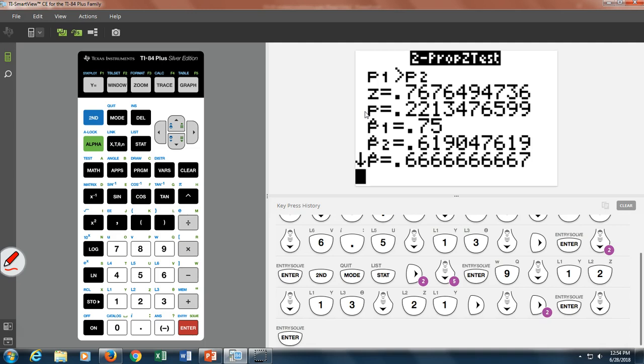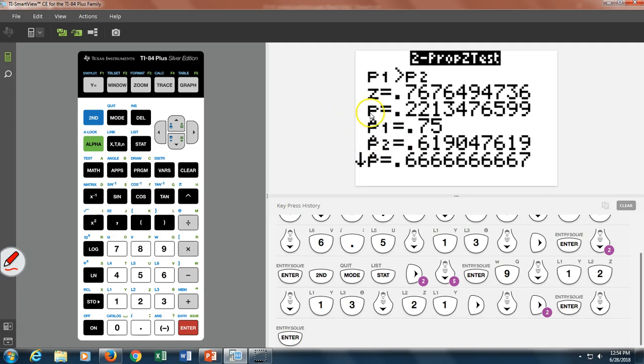In other words, at this point, we would assume that they're equal to each other. Now notice that P hat 1 is certainly bigger than P hat 2. It's probably just based on the fact that we have fairly small sample sizes here.